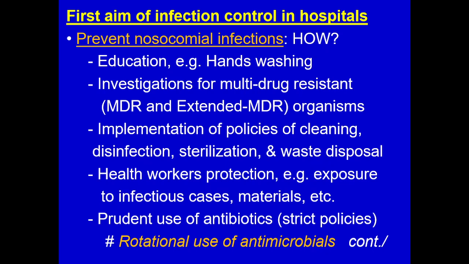How to prevent it? Education. Every one of you, all hospital staff, the community should know it. The best way to control such infections is hand washing, and I will come back to hand washing. During COVID-19, it became traditional to advertise that hand washing for 20 seconds is very important.